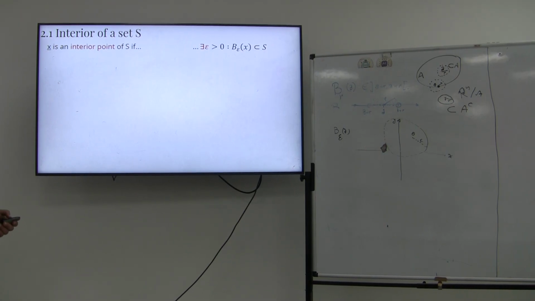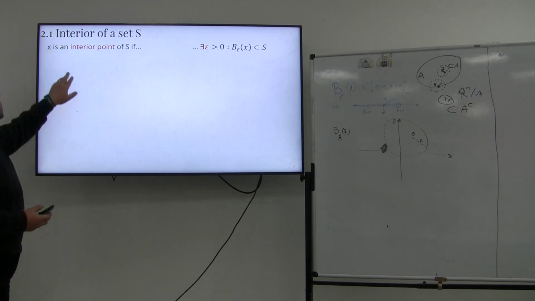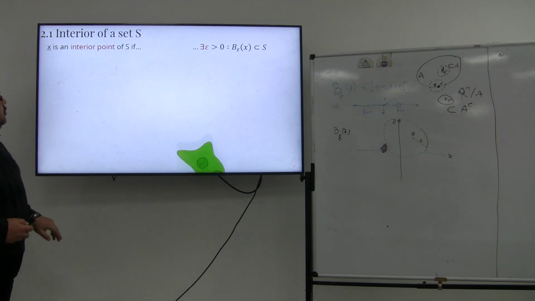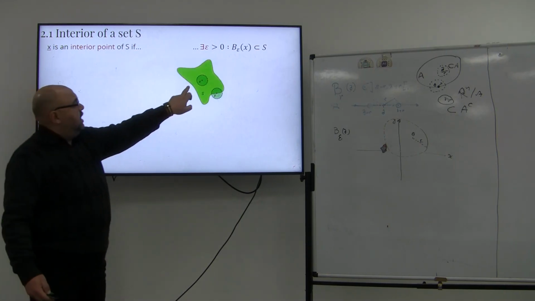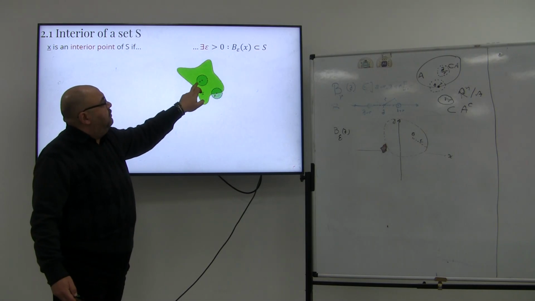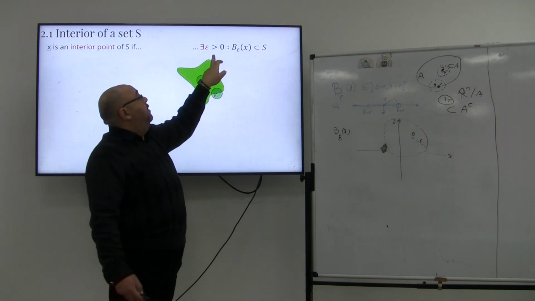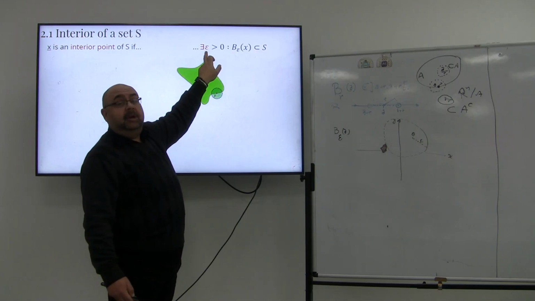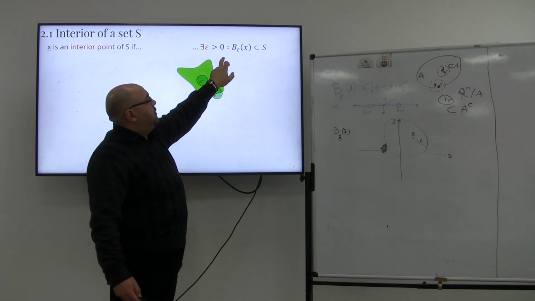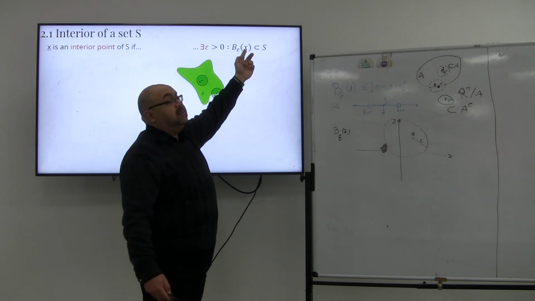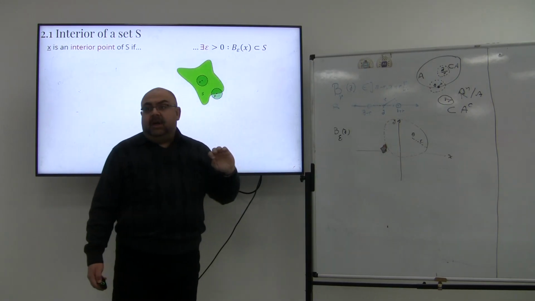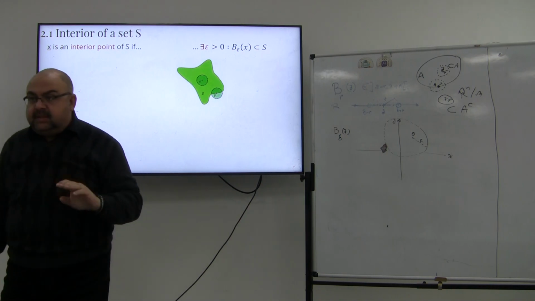So, interior of a set, I can write it this way: X is an interior point of S if, and that's the symbol for it, there exists an epsilon greater than 0, such that the open ball at X with radius epsilon is completely contained in this set.